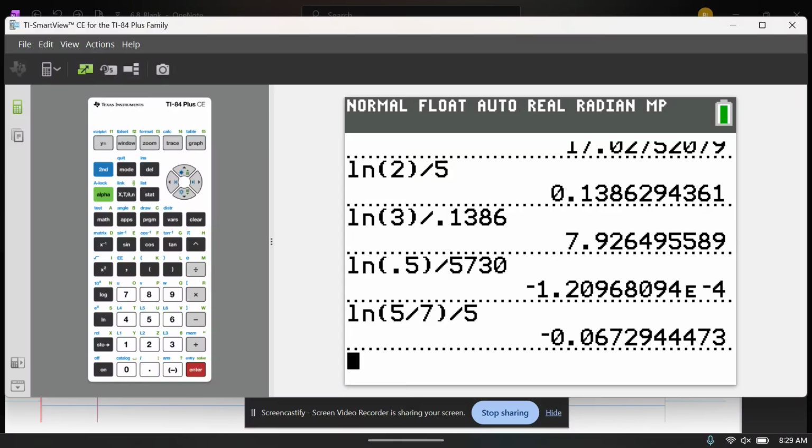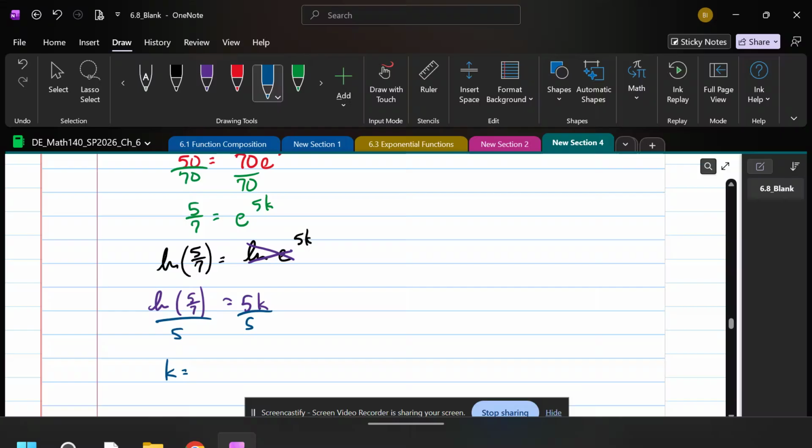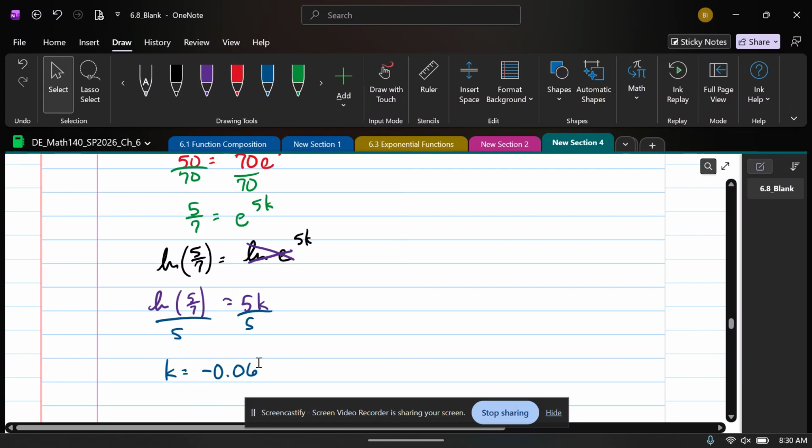The 6, 7, 2, that's 3 significant figures. So we're going to round to the ten-thousandths place in this one. The 9 makes the 2 go up to 3. So my cooling rate for this problem is negative 0.0673.